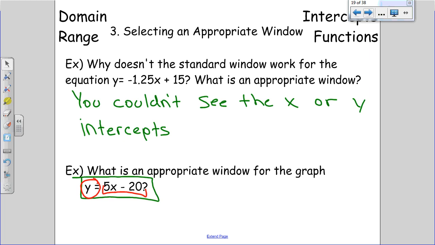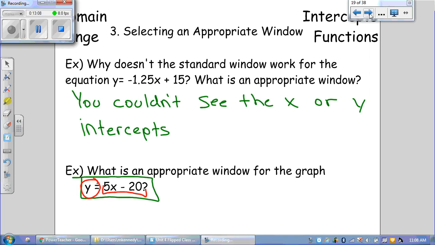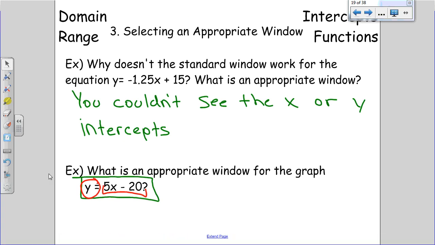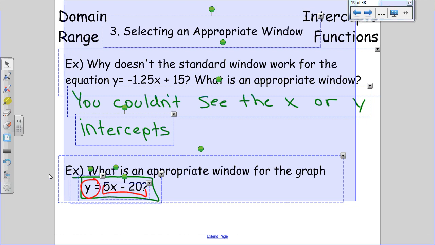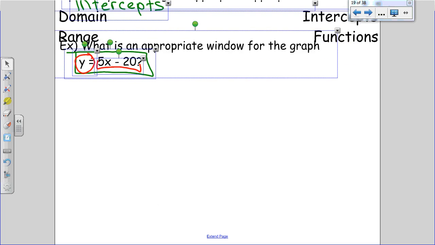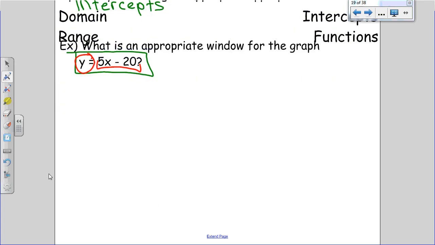If you graph this thing without changing your window and you use your standard window, my guess is that you have to graph that little thing. Something like that. It should have been the initial graph that you got.